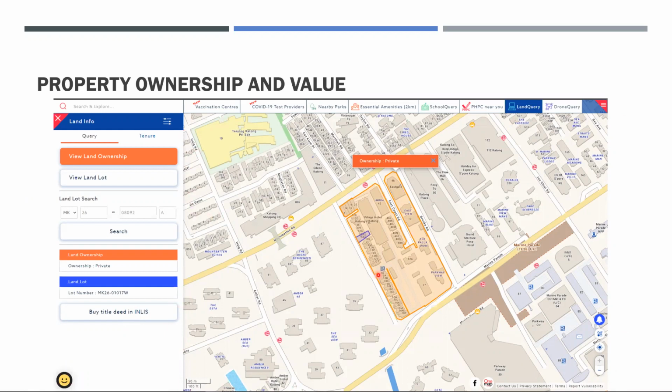But I think right now, if you want information on land tenure and land value, you might have to collect them from different sources, and then put them together to make a composite map or a composite data set, so to say.